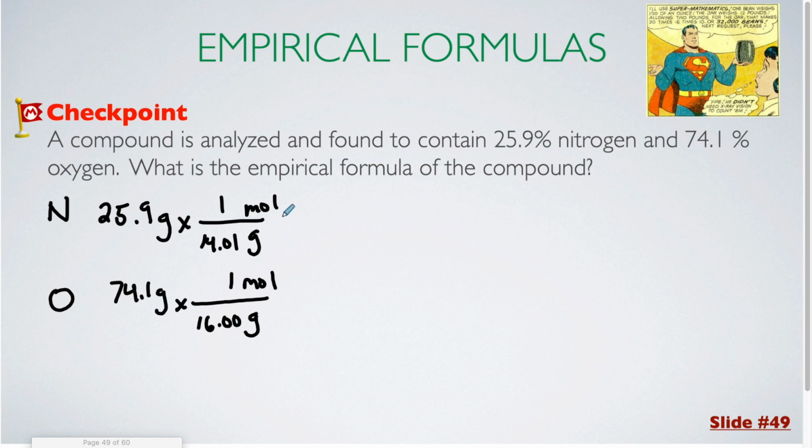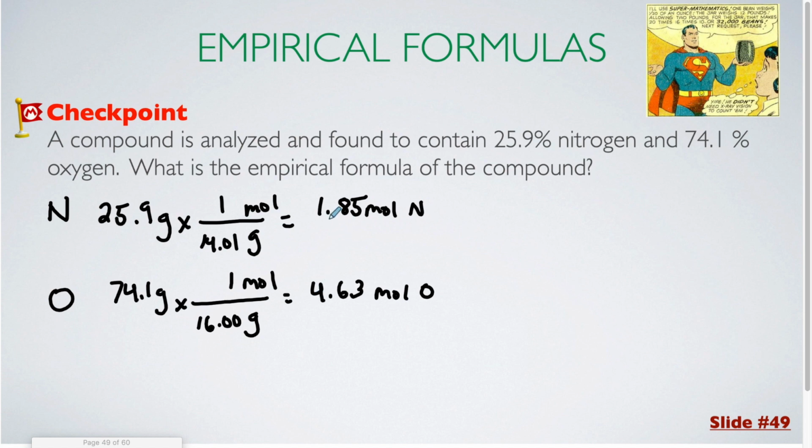All right, from here, I am going to divide across. I have 1.85 moles of nitrogen. And for the oxygen, I have 4.63 moles. Now, neither of these are whole numbers, and you'll pretty much never have a situation where these will be exactly whole numbers at this point.